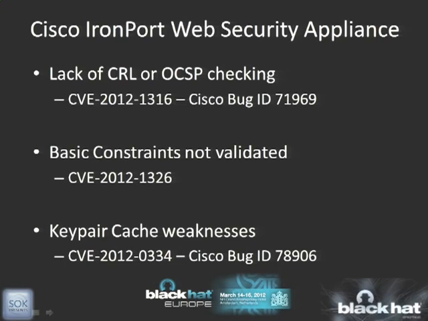And they also have problems with key pair caching. It seems from my tests that they're indexing on the host name, possibly a combination of host name and server IP address, neither of which is going to be changed by a man-in-the-middle attacker. So they're going to be addressing this by indexing the cache based on the certificate fingerprint in addition to the host name. So if the certificate changes, you would see that change reflected in the client-side certificate.